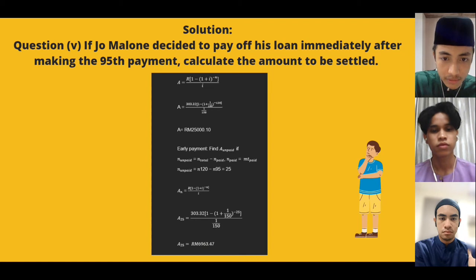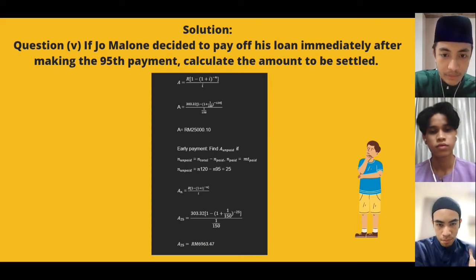So to find the amount that he needs to settle for the early payment, we find A unpaid, if N unpaid equals N total minus N paid. So N unpaid equals 120 minus 95, which gives us 25 months. We are using this formula.